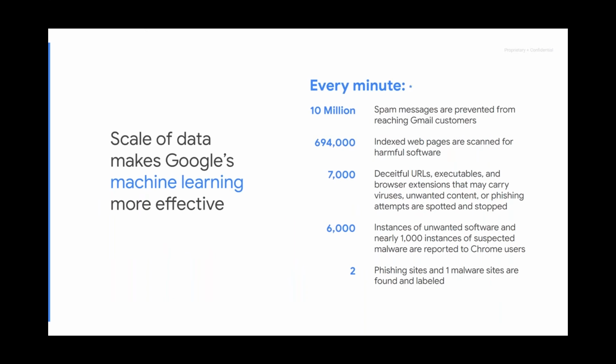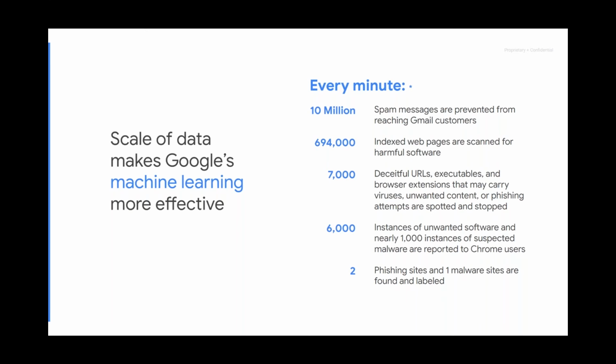So every minute, right, the scale of what we are, Google's machine learning and why it's important is literally every minute 10 million spam messages are prevented from reaching Gmail customers. With Google's machine learning, we are updating Workspace engines in real time to detect these and update itself to block these across our worldwide customer base as well as Gmail customers.